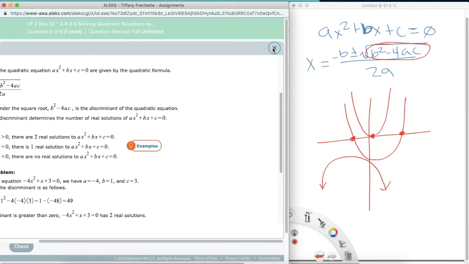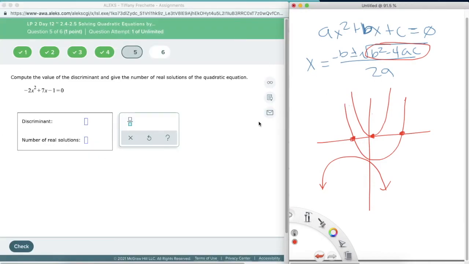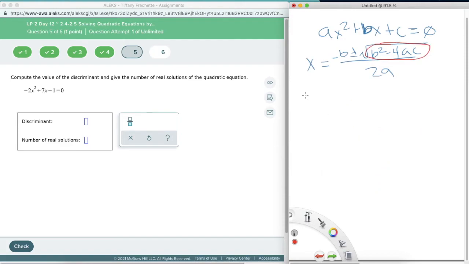So if I back this up a little bit, if the discriminant equals a positive number, then you have 2 real solutions. If it equals 0, then you have 1 real solution.